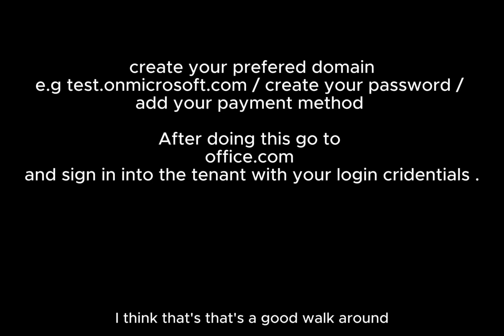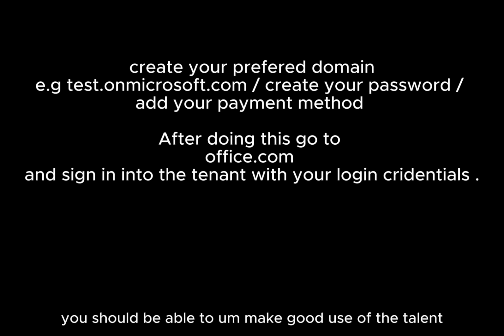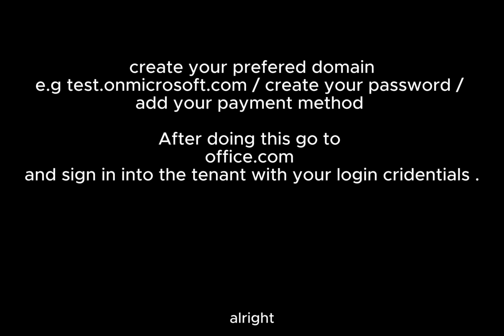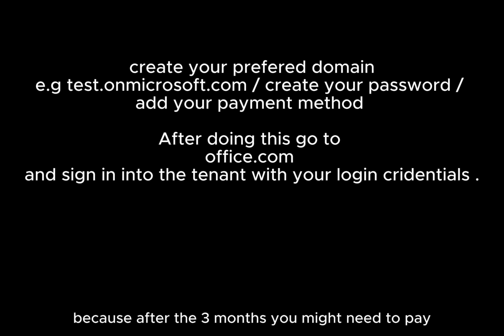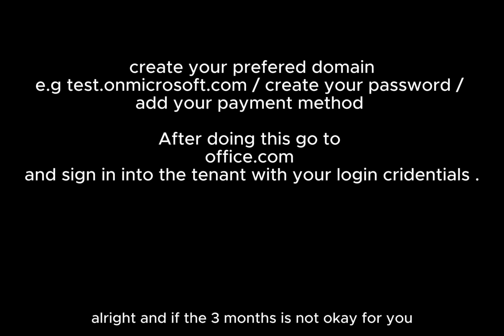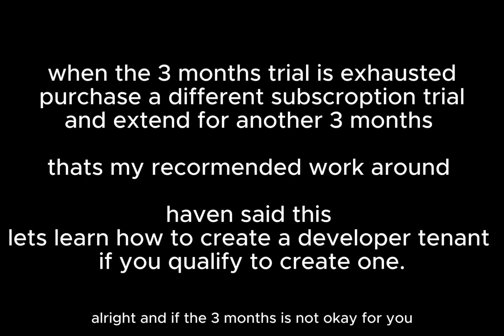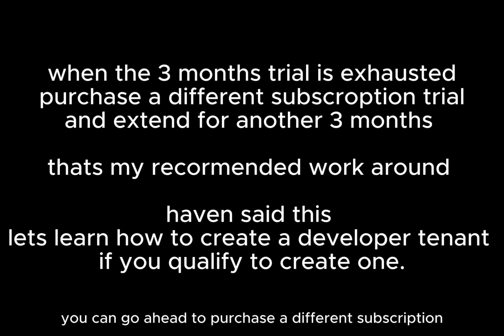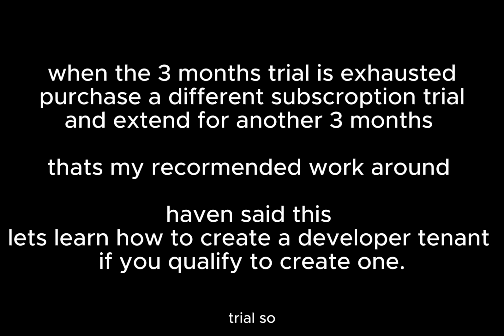I think that's a good workaround, and in the space of 3 months you should be able to make good use of the tenant, because after the 3 months you might need to pay. And if 3 months is not okay for you, you can go ahead and purchase a different subscription trial. That gives you more time to use the tenant to practice.